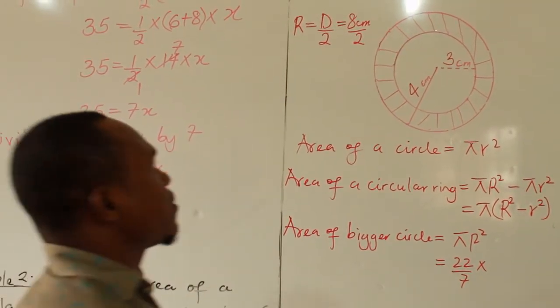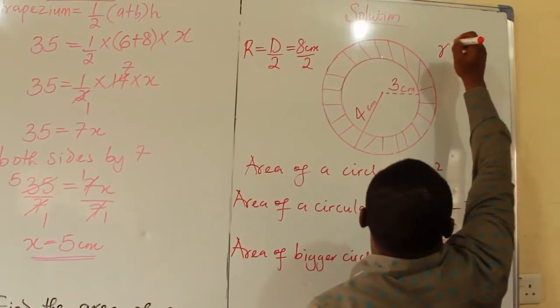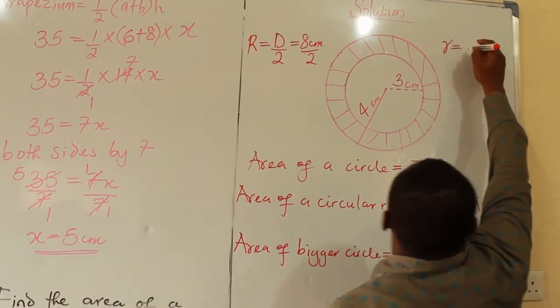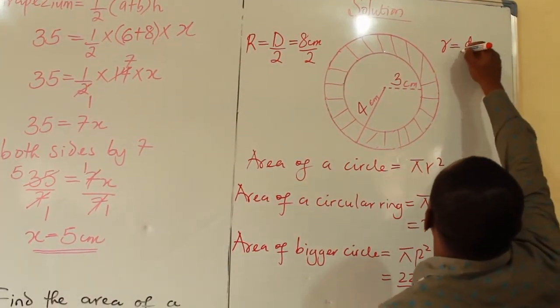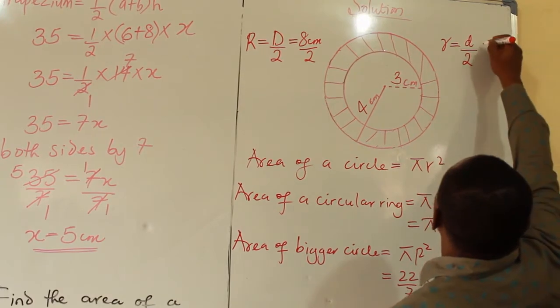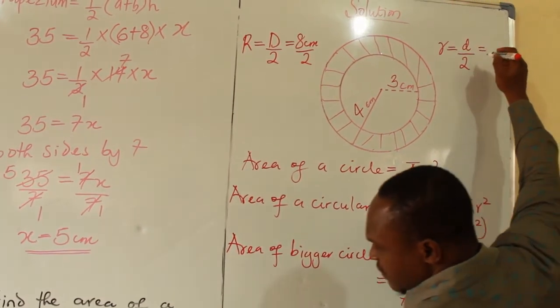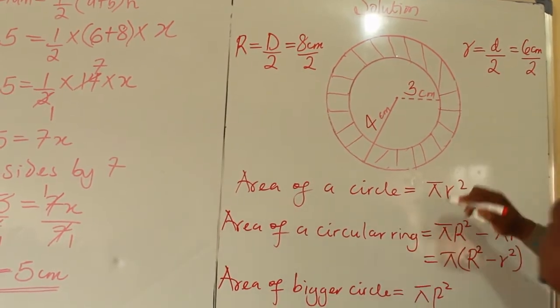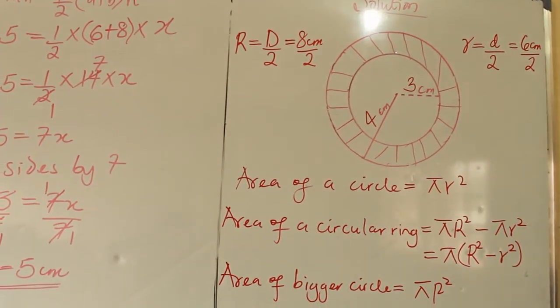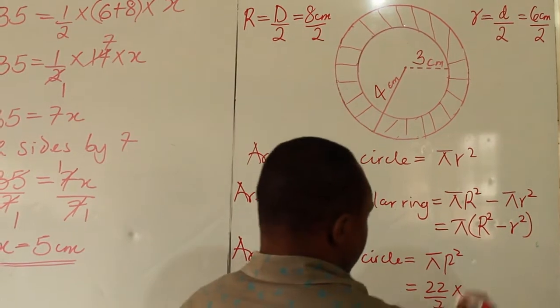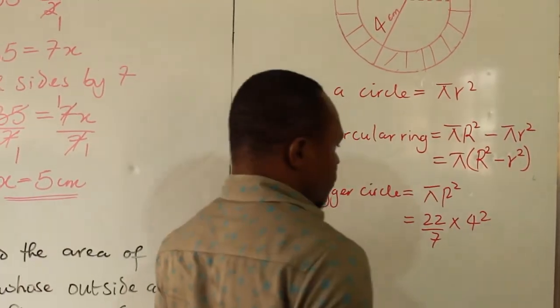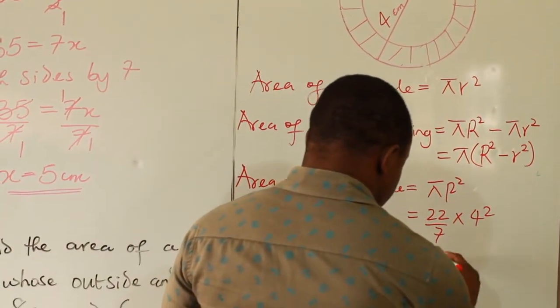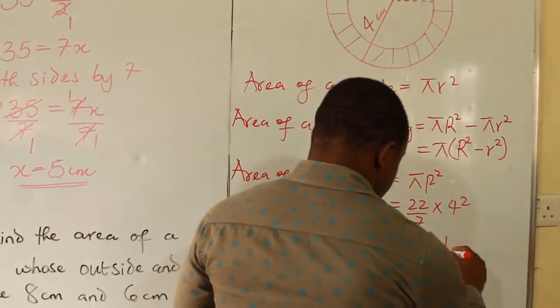Also, for the smaller circle, small r is the diameter divided by 2, which is given to us as 6 centimeters divided by 2, which gives us 3 centimeters. So we have here 4 squared, which gives us 22/7 times 16.